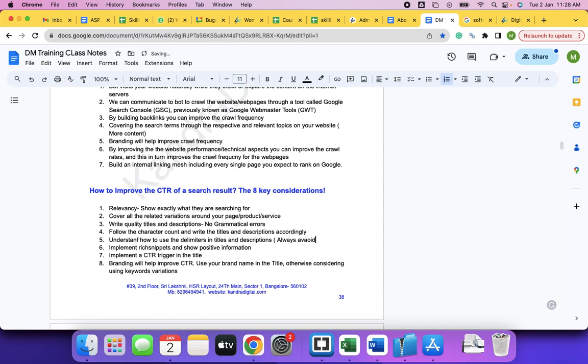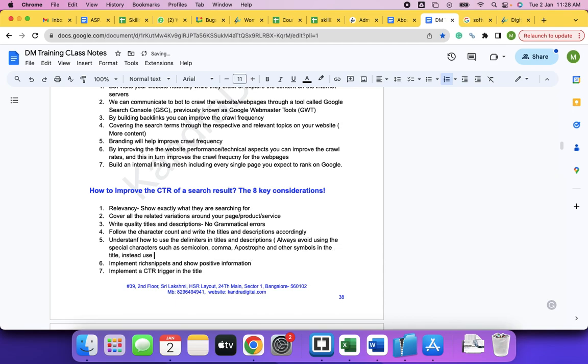Always avoid using special characters such as semicolon, comma, apostrophe and other symbols in the title.